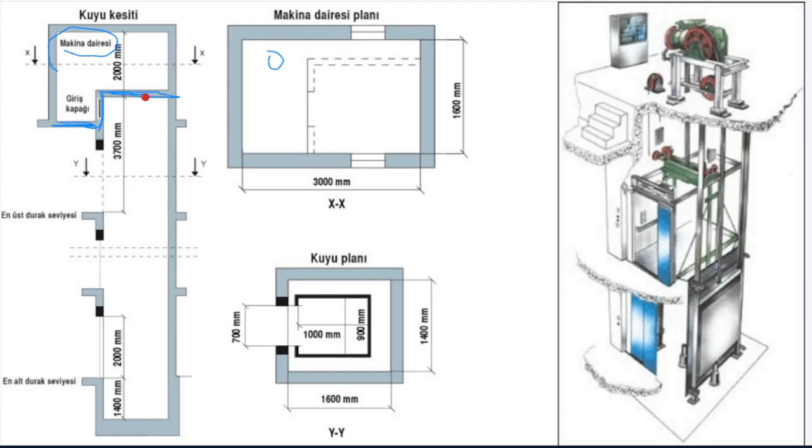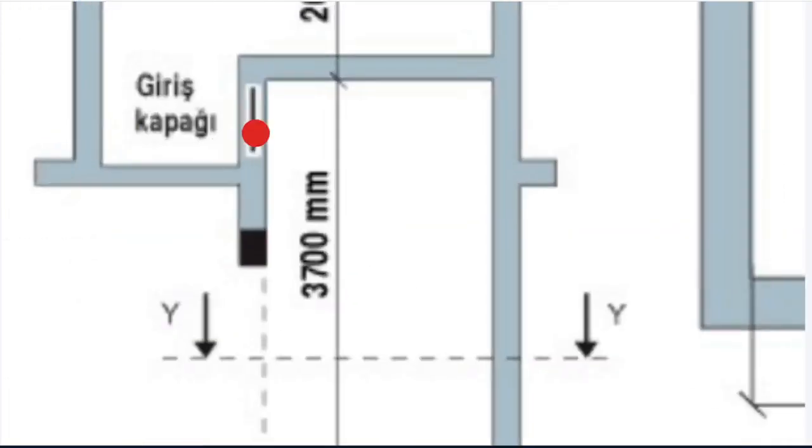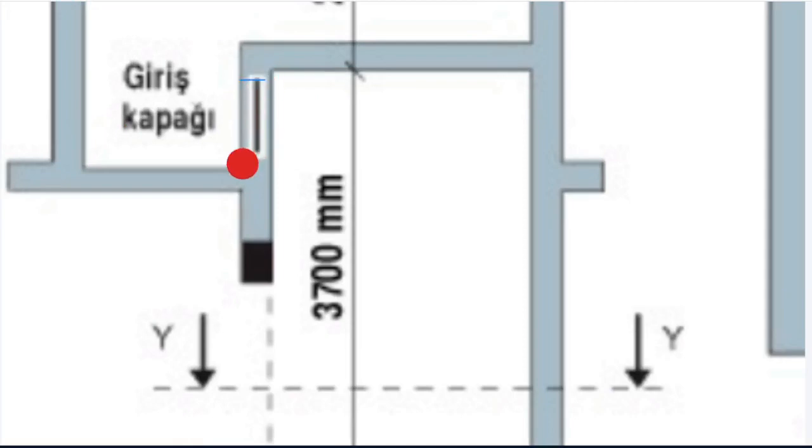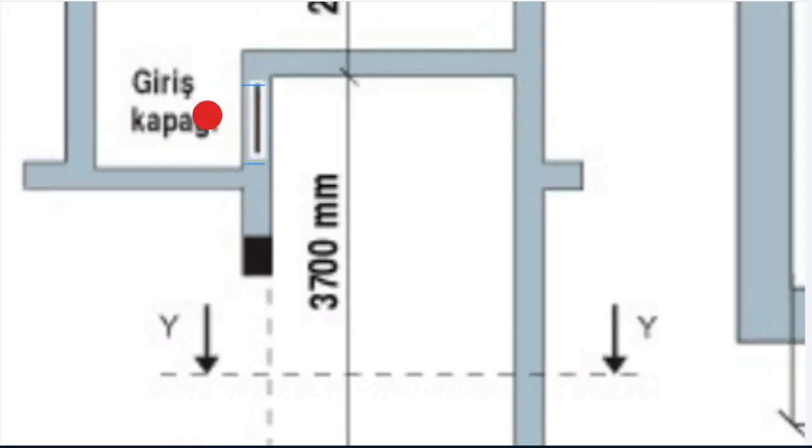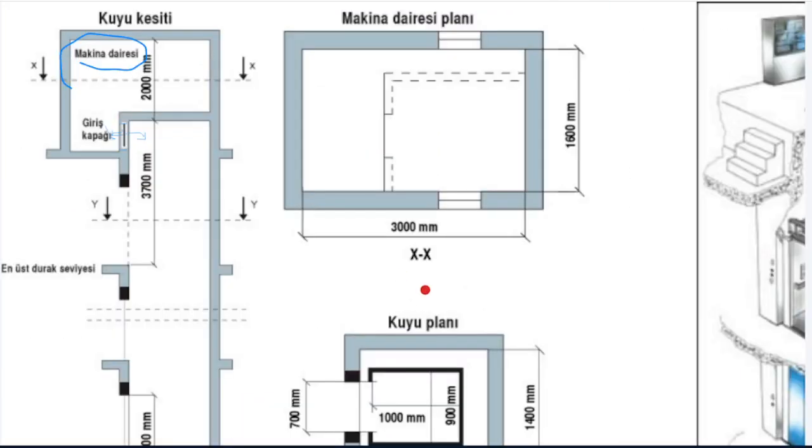And if you put 1 meter up, then this part should be at least 2 meters from the roof to here, and 1 meter at least here. The reason we are putting 1 meter in that part, look at here, is that you will put a window or a small door here. In case of some problem, they will open this part and enter your elevator from that corner, okay?